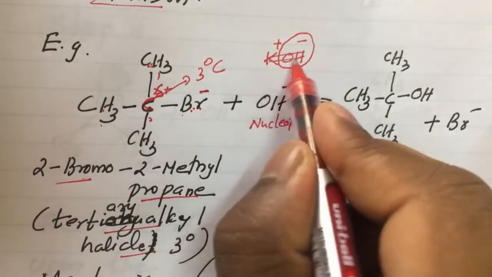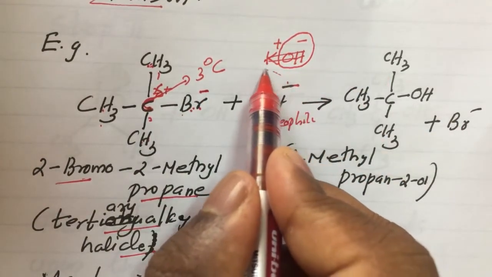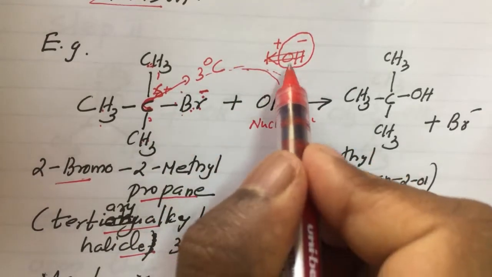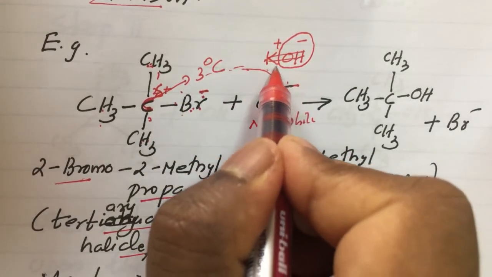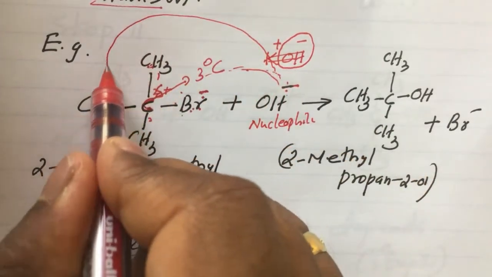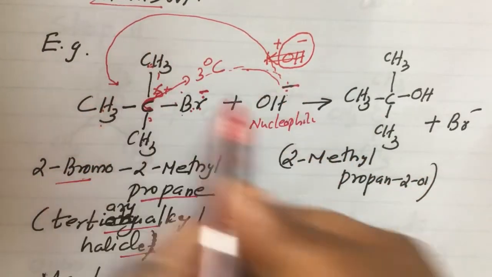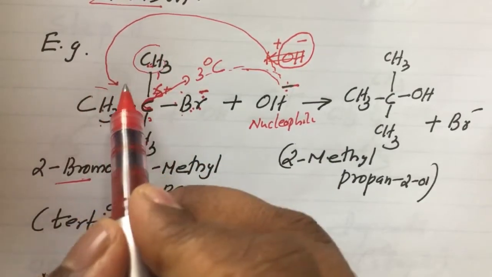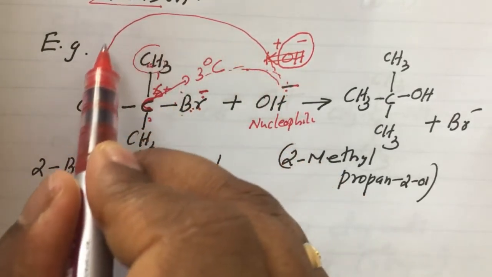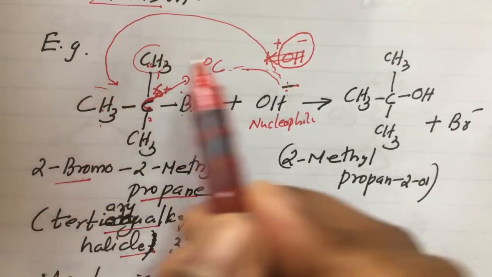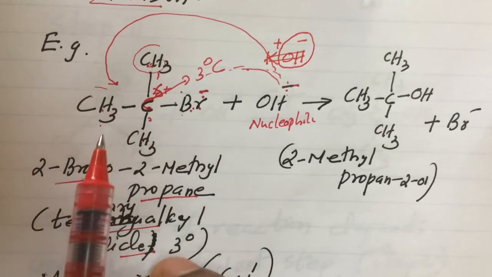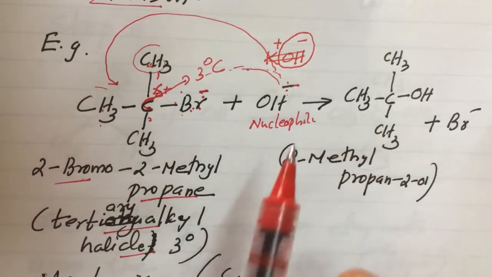OH minus cannot attack from the front side because negative and negative repel. In the SN2 mechanism, OH minus normally attacks from the back side, but in this case it's not possible because the three CH3 groups hinder or block the attack from the back side. That effect is called the steric effect, which I already mentioned. So the SN2 mechanism is not possible here.